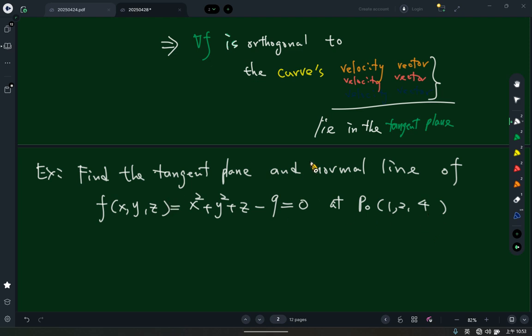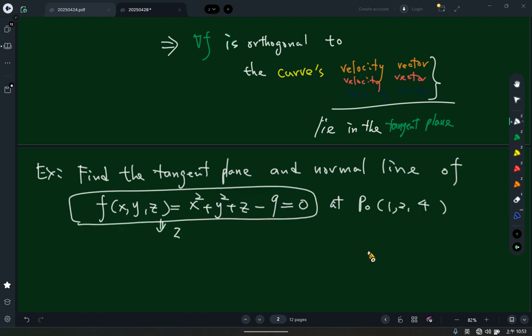Okay, so the question just described that I give you a surface. Here, you can regard it as z is equal to 9 minus x squared plus y squared. You can see it is just z is equal to f of x, y.